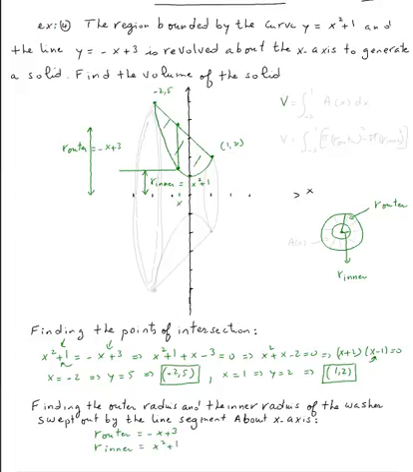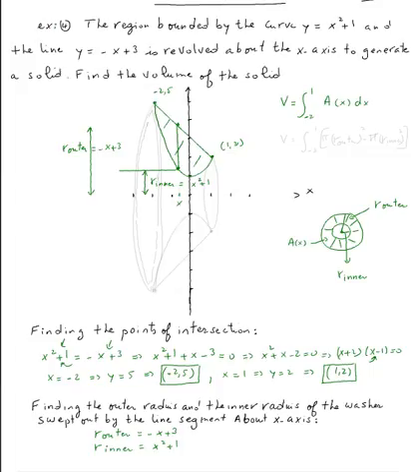Now the volume by definition is the integral from x equals a to x equals b, and here we have x equals negative 2 to x equals 1, of A of x dx. A of x in this case is the area right between these two. I'm drawing it right here. So this is A of x. How do we find A of x?